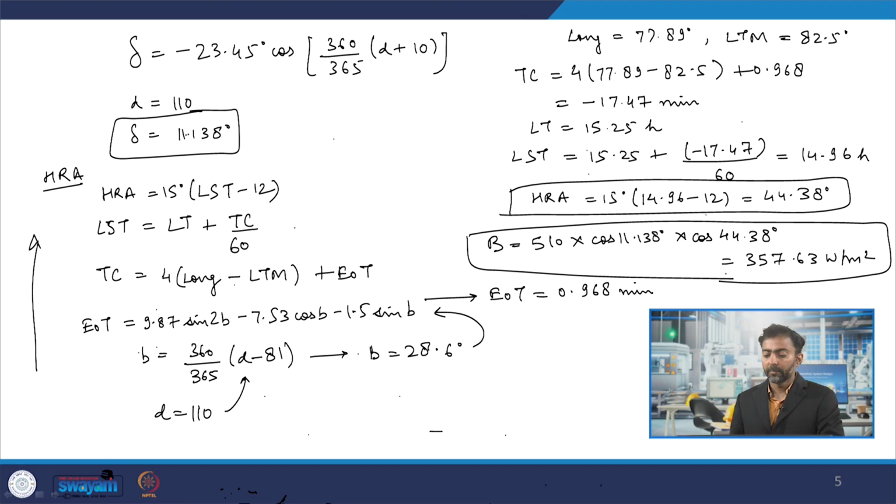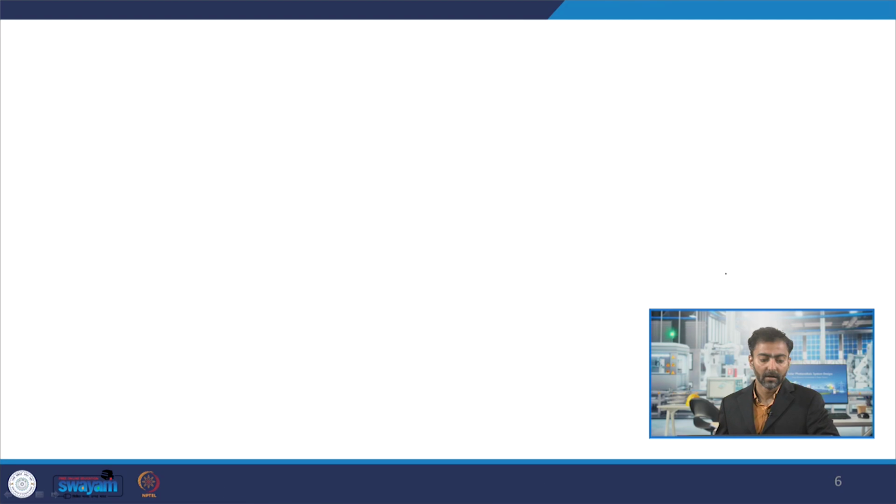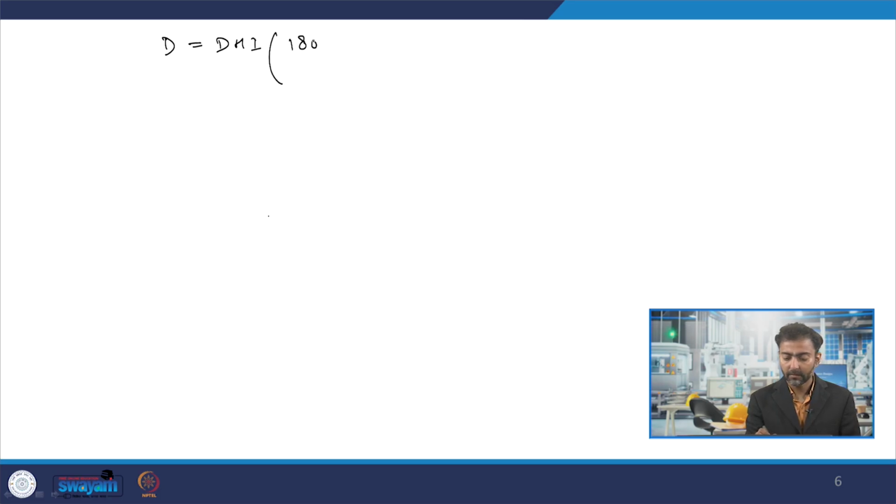So, once we have the beam component, we go for the next components, which is the diffused and reflected radiation one by one. So, diffused radiation, as we understand, is given by DHI multiplied by (180 minus beta) divided by 180, because we are taking an isotropic model, as we talked about in the last class.